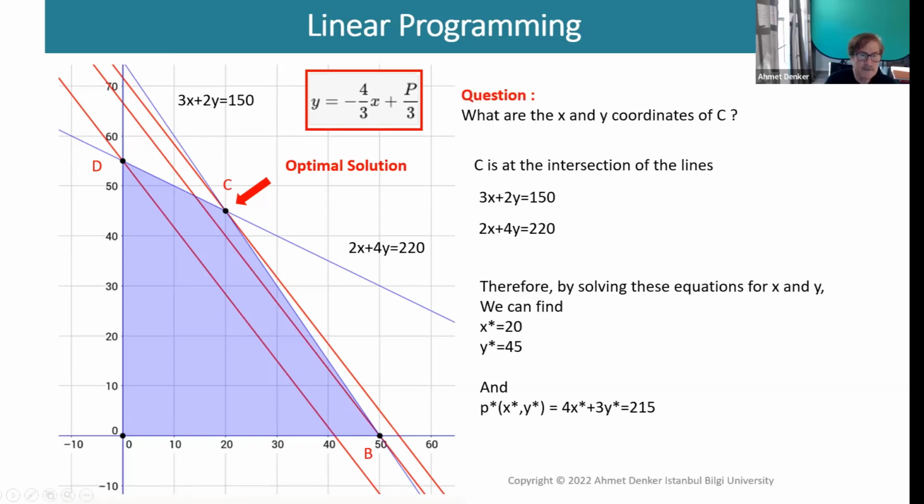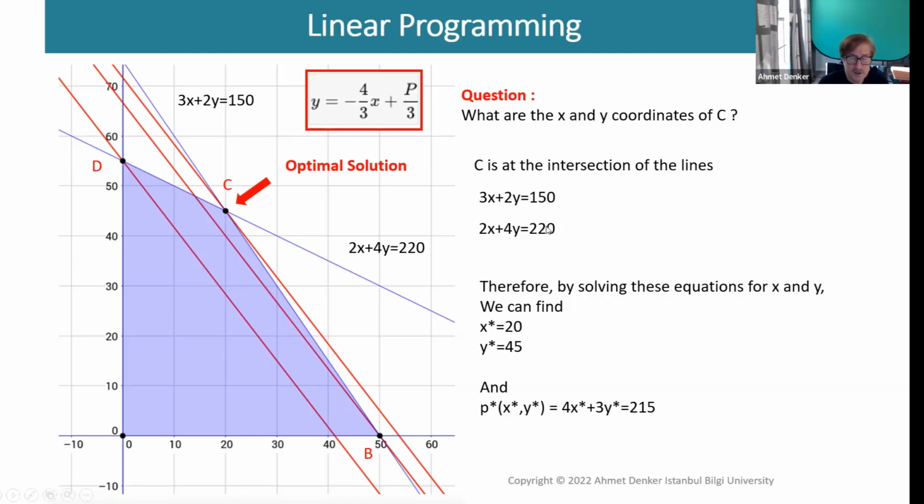Okay. So C is at the intersection of these two lines. 3x plus 2y is equal to 150. And 2x plus 4y is equal to 220. So my solutions should satisfy both of these equations. Two linear equations in two unknowns. Of course, I know how to solve these equations easily.